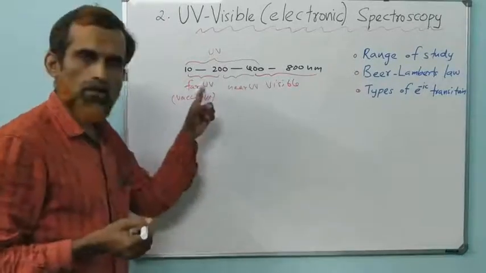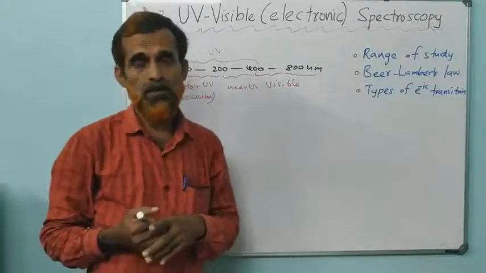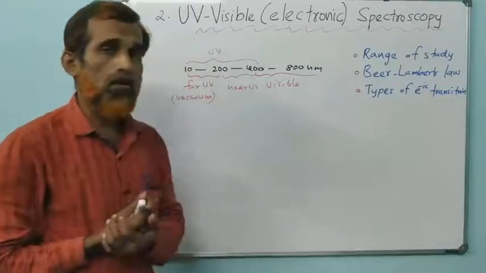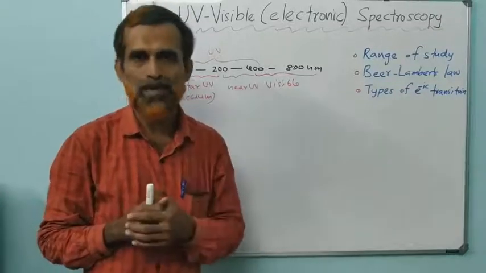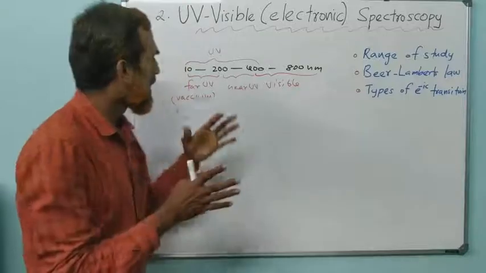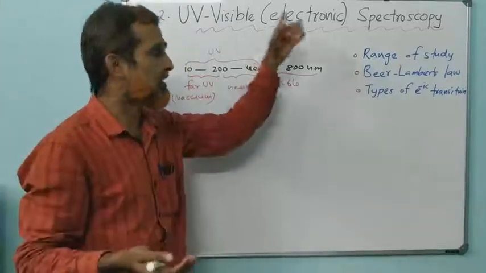Why is this below 200 known as vacuum UV? It is because most of the air molecules like N2, O2, etc. absorb below 200 nanometer for their electronic transition.